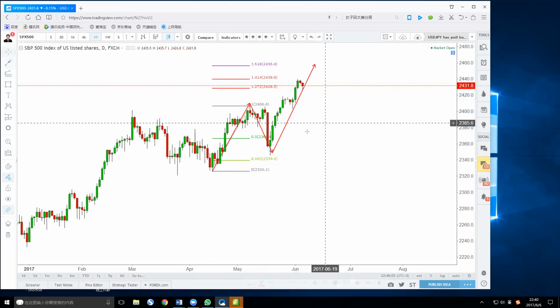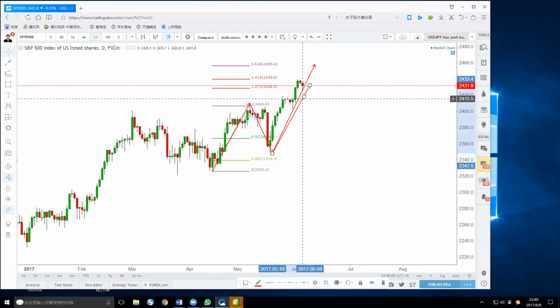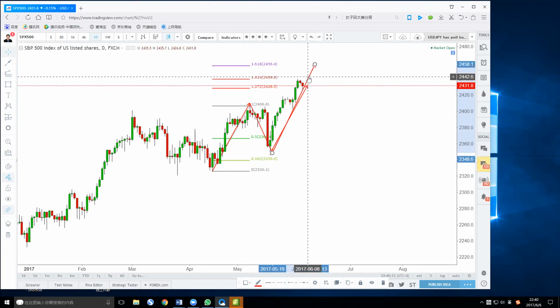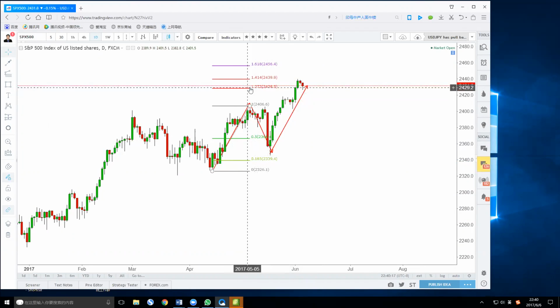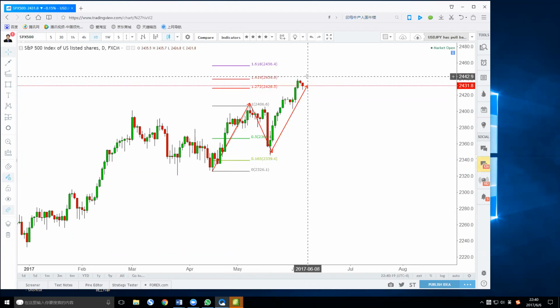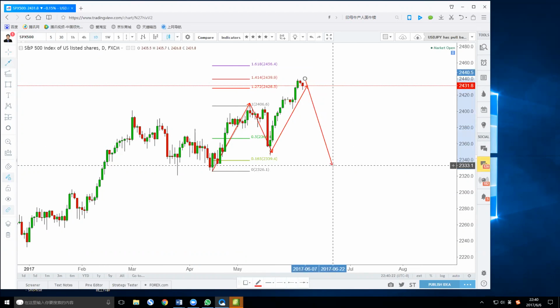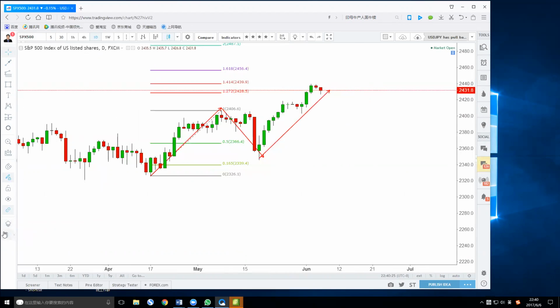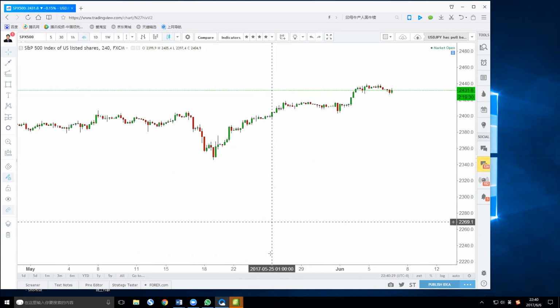And also the ABCD pattern is going to complete. The ABCD pattern completes at the 1.272 to 1.414 extension. So it tells you the S&P may go down. However, there is a condition.